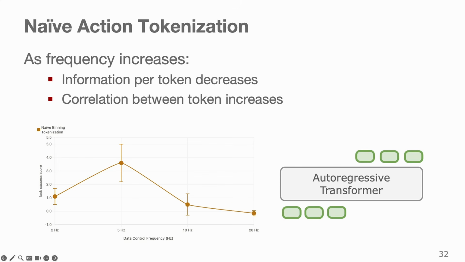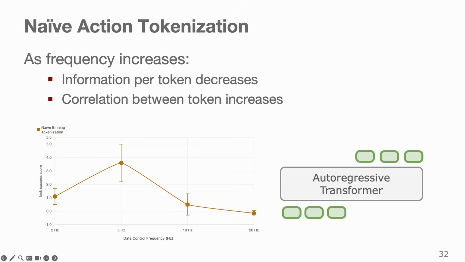And the learning signal for an autoregressive model comes from the new information each token provides. So when the tokens are highly correlated, the marginal information content of the next token approaches basically zero. And this means that the model, and this is very important, can achieve a low prediction error by simply learning to copy the previous action token, which prevents it from learning the actual dexterous skill.